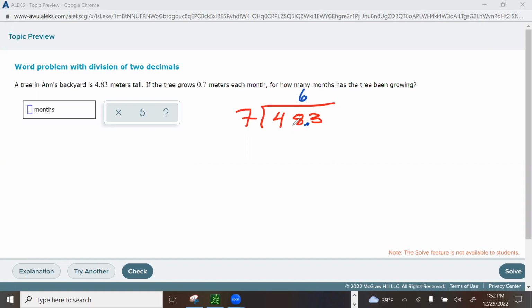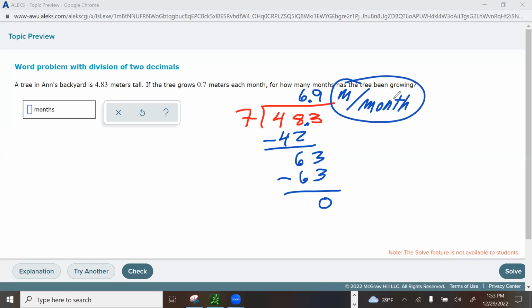So 7 into 48 is 6. Multiply and get 42, subtract, bring down the 3. 7 into 63 goes 9 times. 63, subtract, 0, and the decimal point goes straight up to there, and we've got it. 6.9 meters per month.